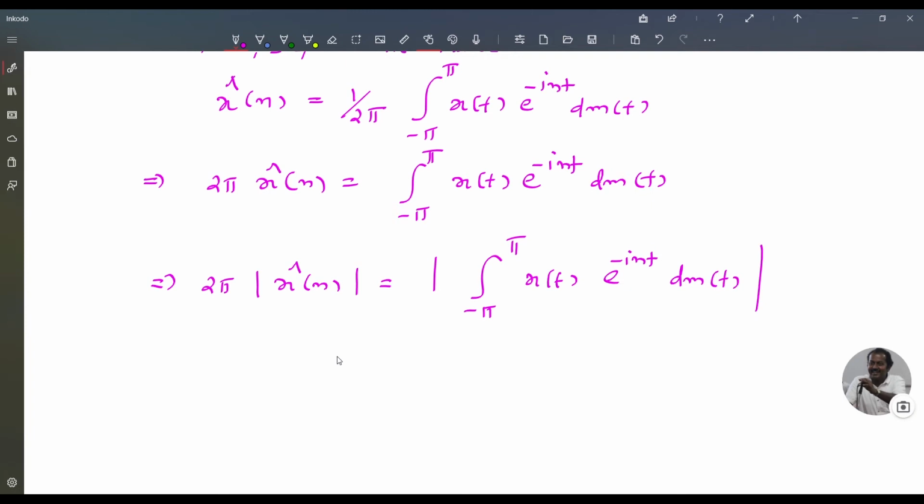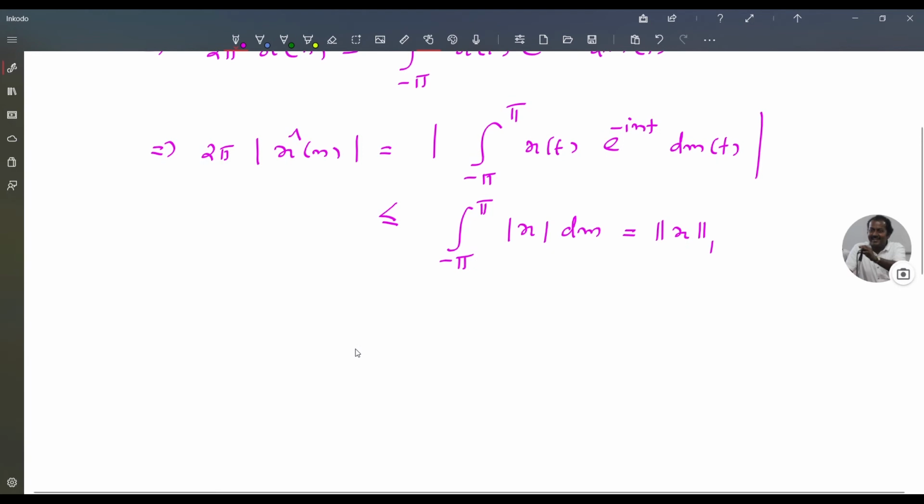So this is less than or equal to the integral from minus pi to pi of modulus of x dm, and you know that this is the 1-norm of x. That is, modulus of x cap of n is less than or equal to the 1-norm of x divided by 2 pi.